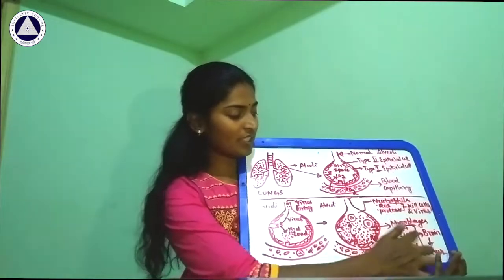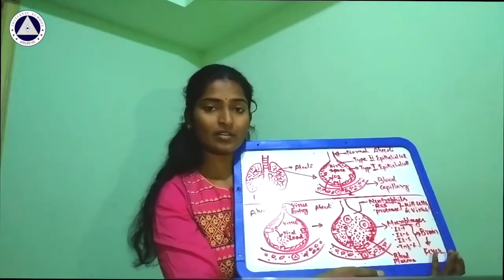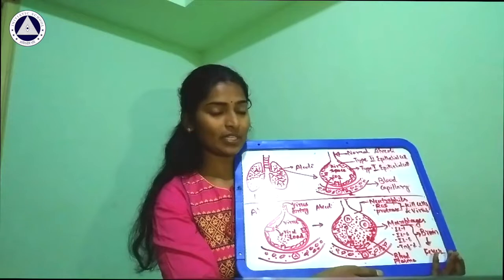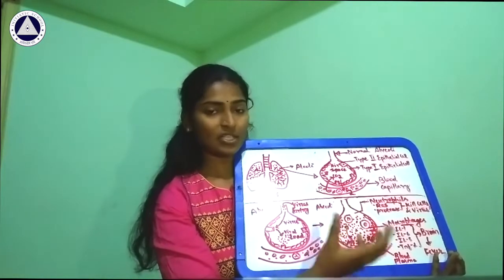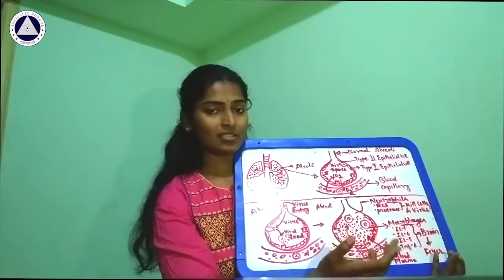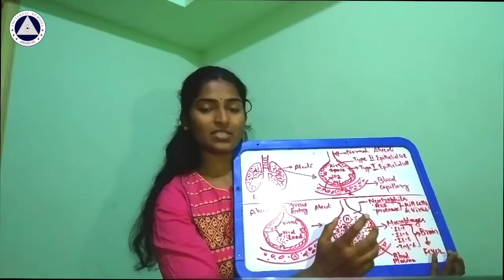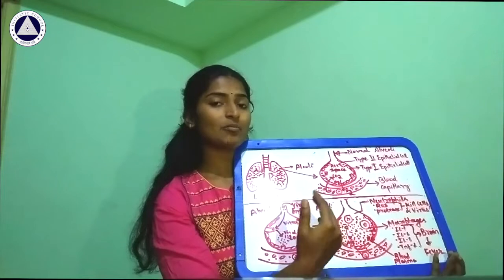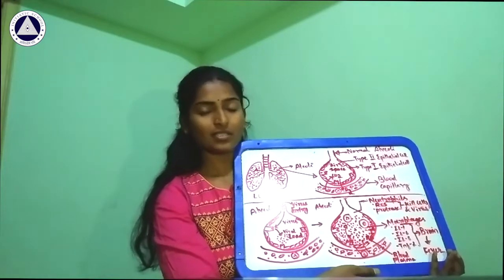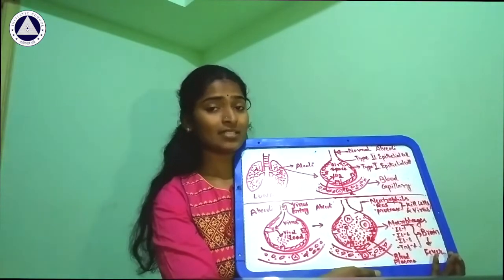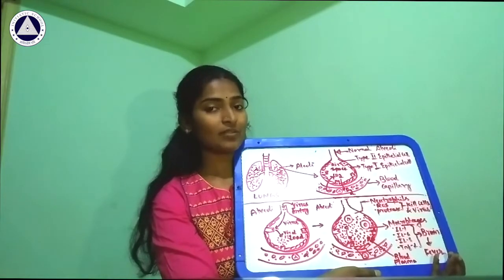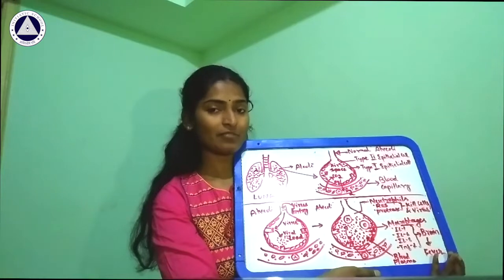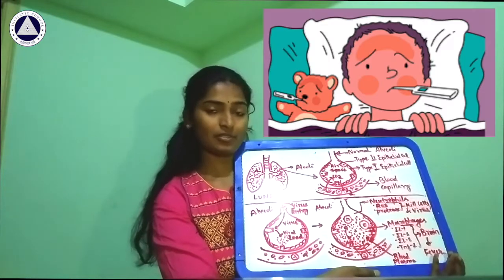Now in the presence of these cytokines, that is interleukin 1, interleukin 6, interleukin 8 and TNF alpha, the hypothalamus gets stimulated, and in response to that stimulation, the hypothalamus will increase the body temperature of the person. This increase in the body temperature is nothing but fever. So the person who is infected with coronavirus will have a symptom of high fever.